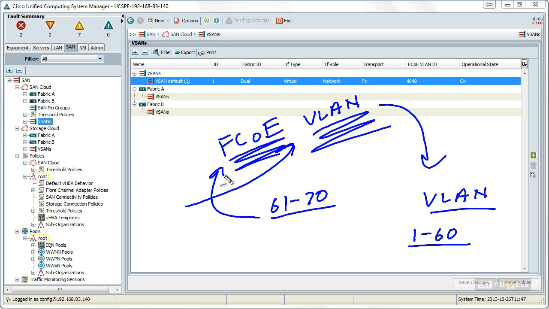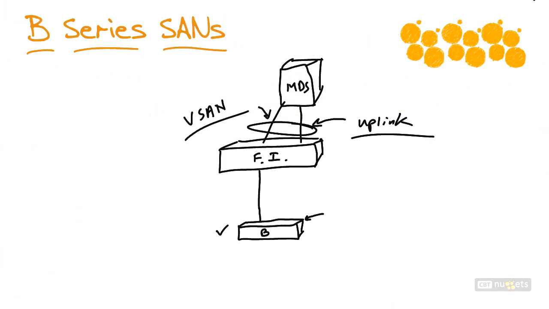So we want to make sure we have this dedicated range of VLANs that would be used for the specialized fiber channel over Ethernet functionality. Extremely important.